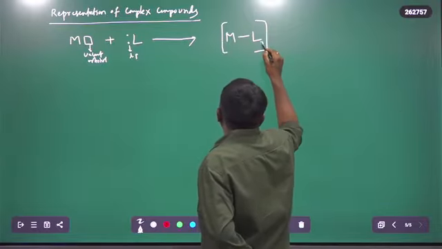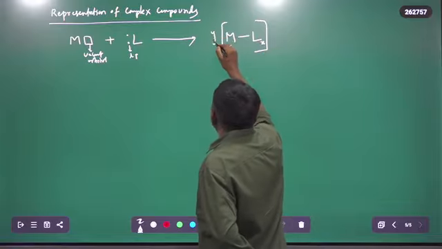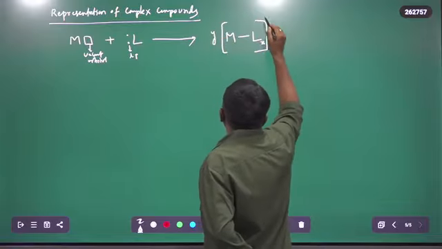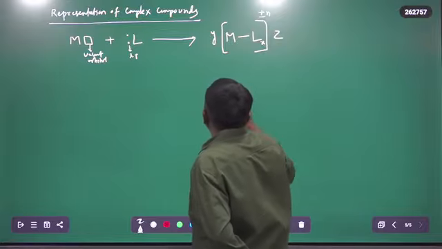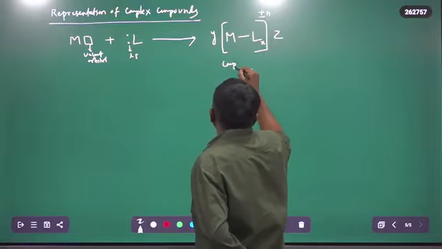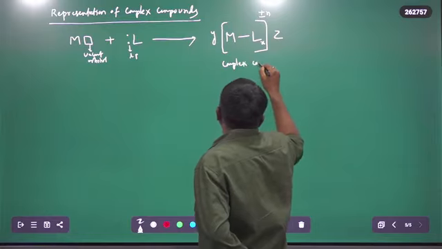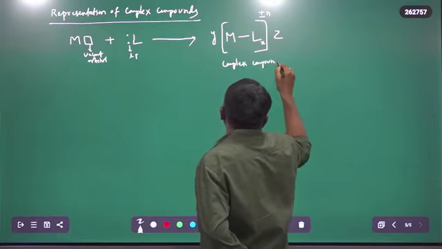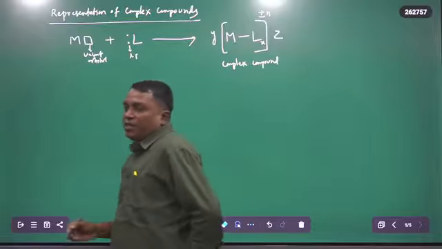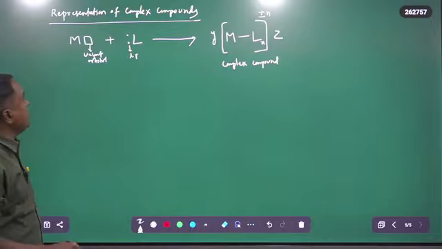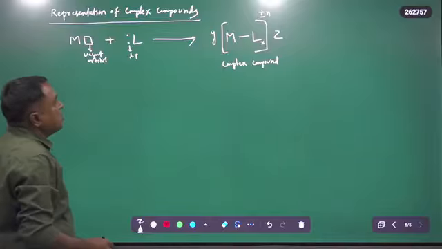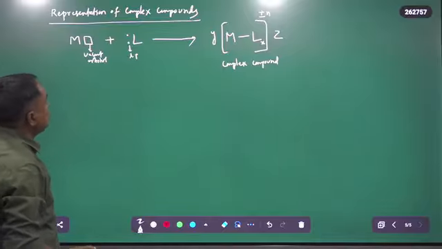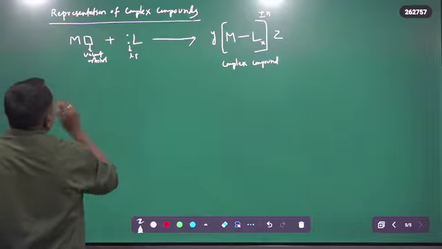This is one complex compound representation. So what are M, L, X, Y, Z, and the plus or minus n?